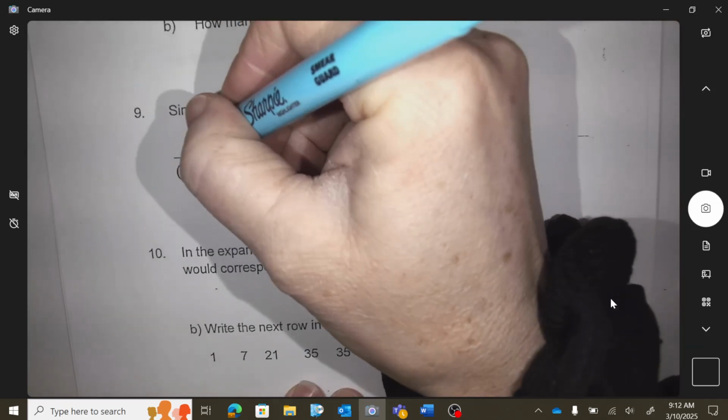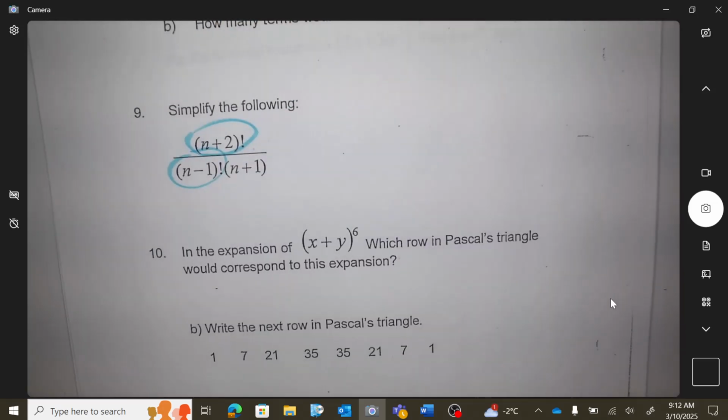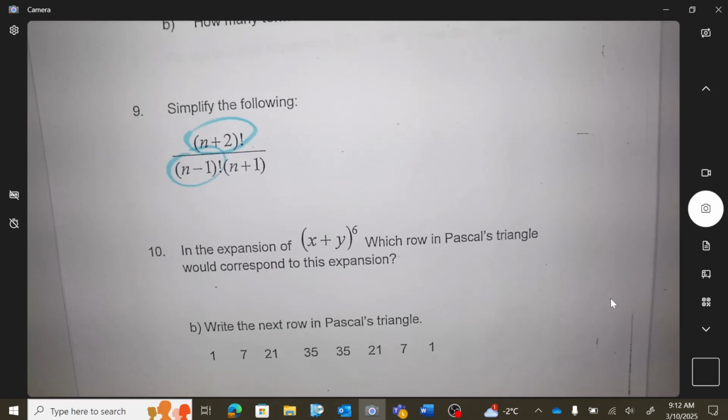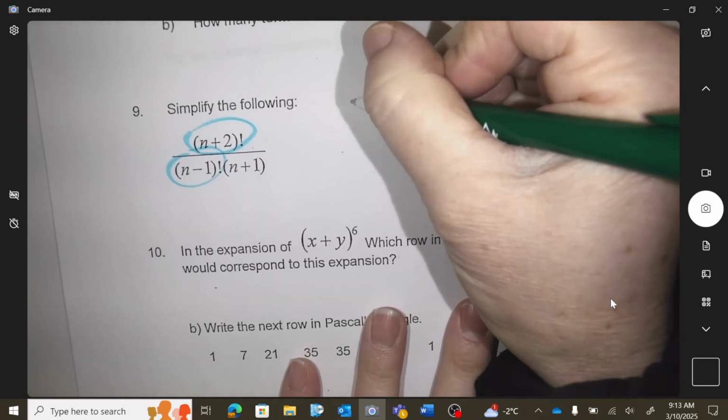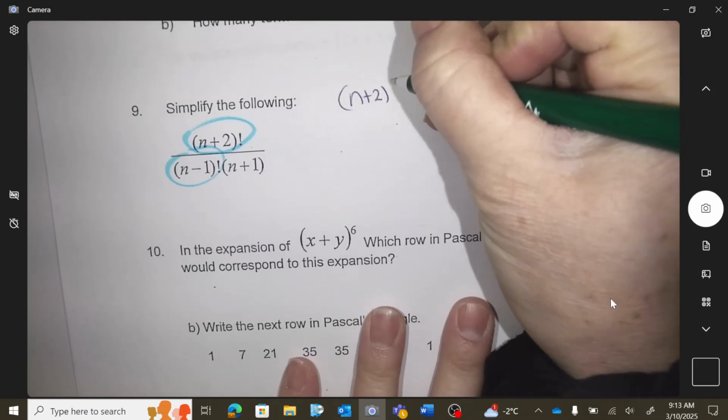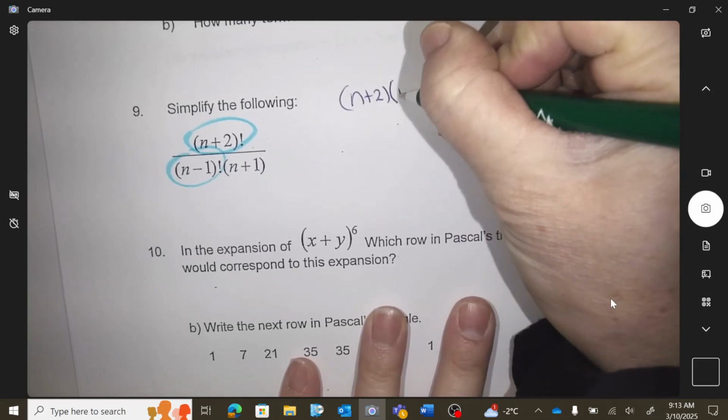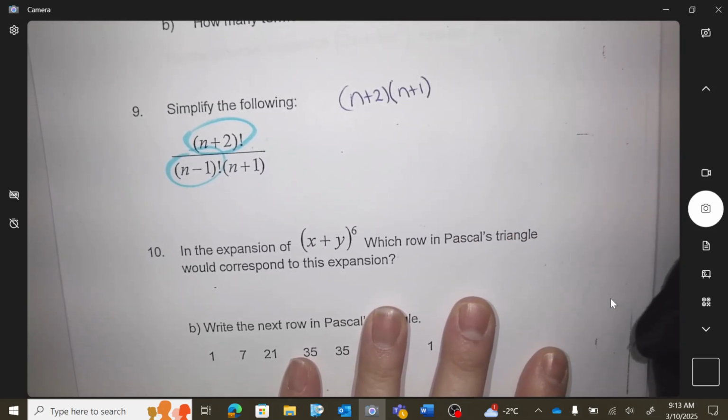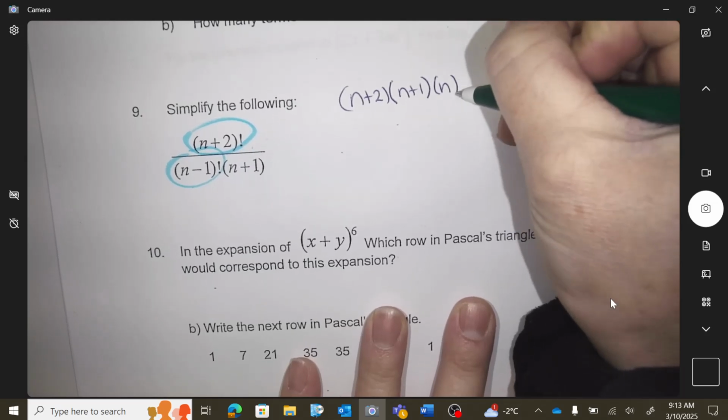Okay, pair 2 factorials. So there's what I'm doing. Which one of those is bigger? N plus 2 is bigger. So n plus 2. If I go lower, that's n plus 1. If I go lower, that's n.